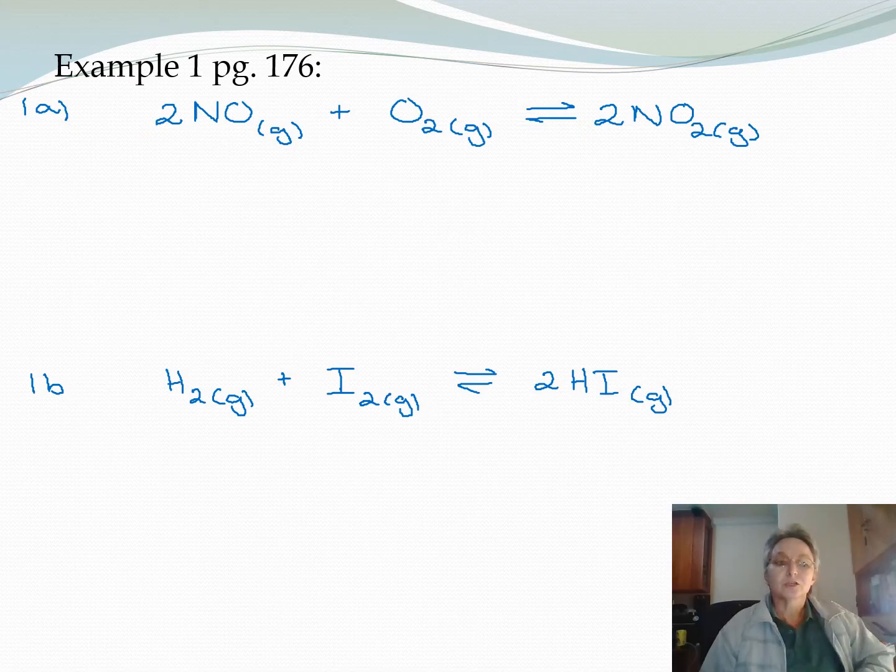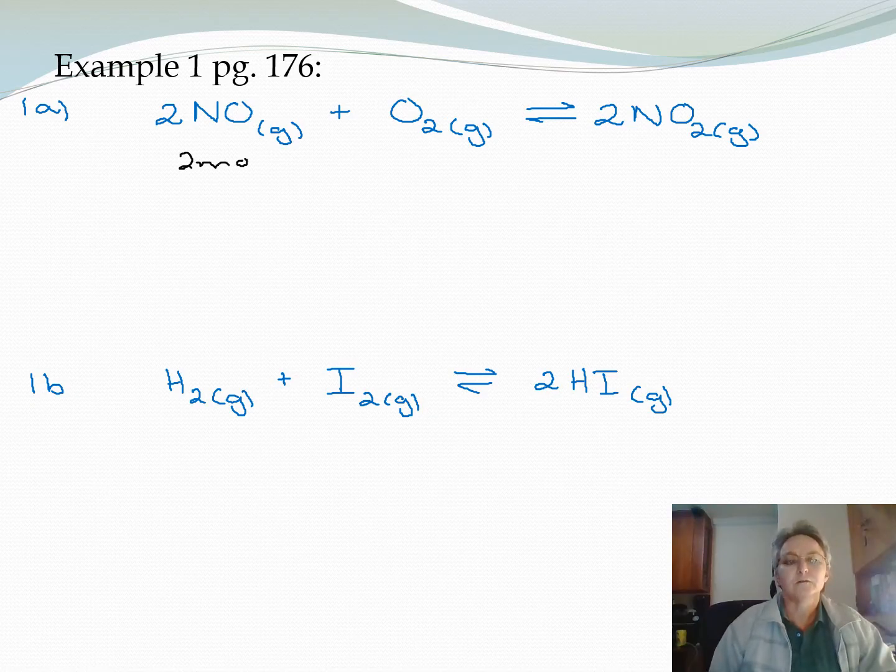So we're going to look at the examples under the heading pressure, changing the pressure, on page 176. The first one, you have 2 moles of nitrogen monoxide reacting with 1 mole of oxygen to give 2 moles of nitrogen dioxide.